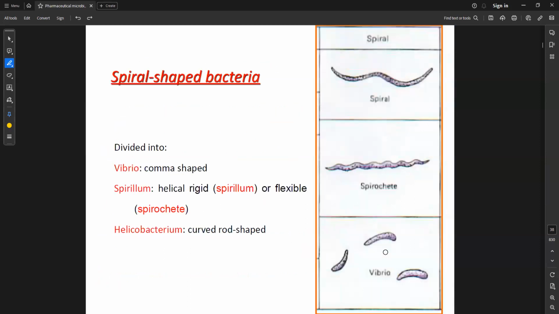Then the spiral-shaped is like a spring. It will look like a spring. Then the spirochete we said is a corkscrew, and then we finally have the vibrio. But we also have Helicobacter, which is a curved rod shape.